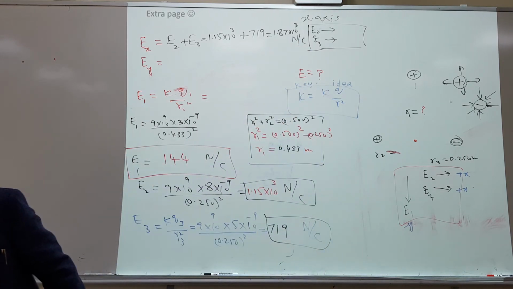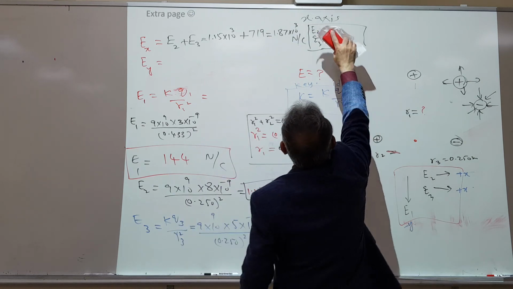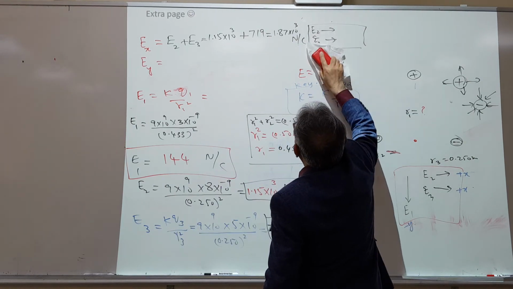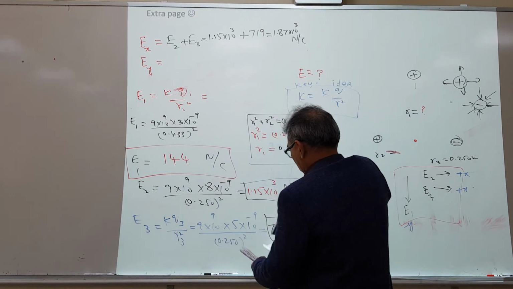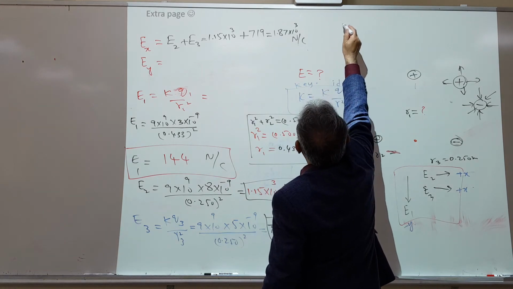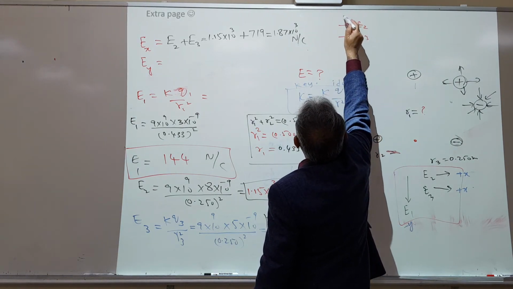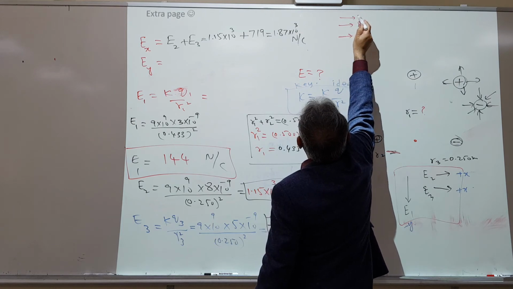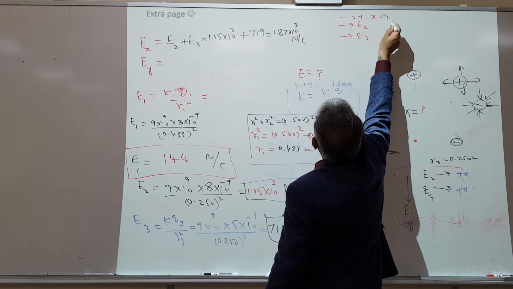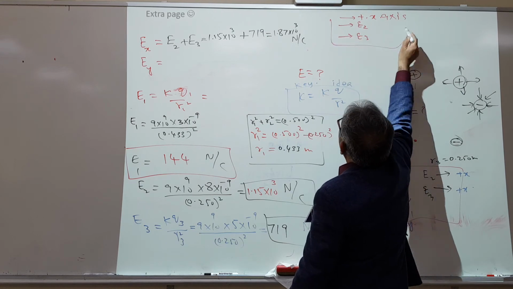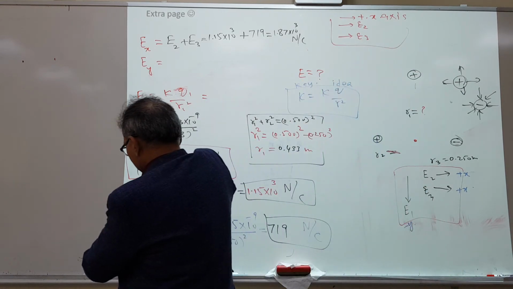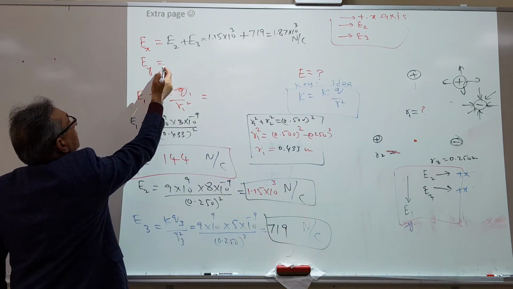I'm sorry, these are mixing. Let me write it again for you. So this is E2, this is E3, both along positive x-axis.